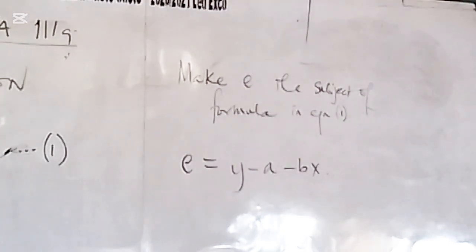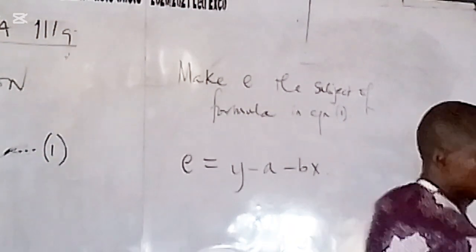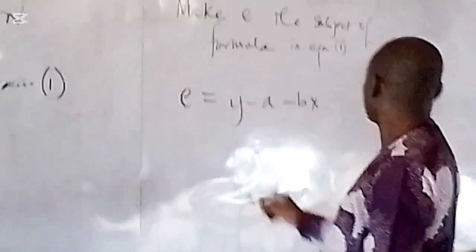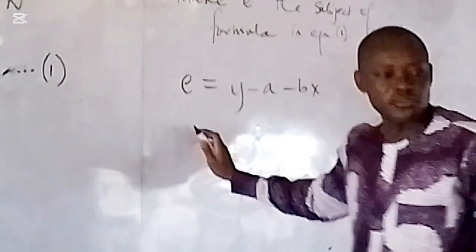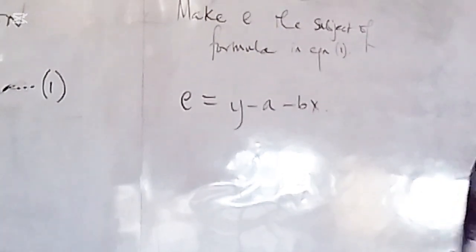Why are we making E the subject of formula? The reason is that we are going to form what we call the sum of squares for the error. Take note of that. I want you to write the statement here: we want to form the sum of squares for what? The error.